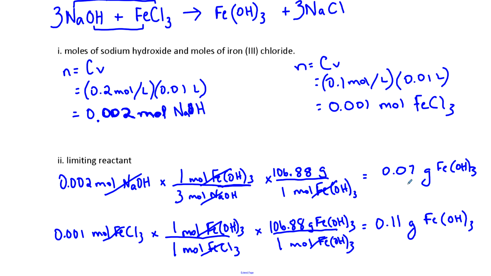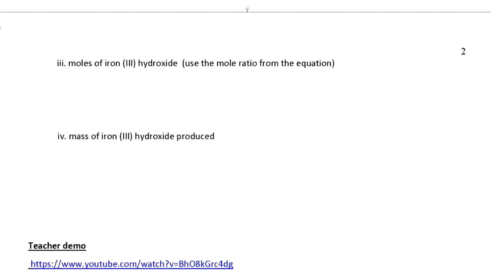Okay, so this is the lower amount, therefore NaOH is my limiting reactant. Okay, so why is that important? Well, we'll see, because it's the limiting reactant that tells us how much product is formed. Once it's gone, the reaction stops.